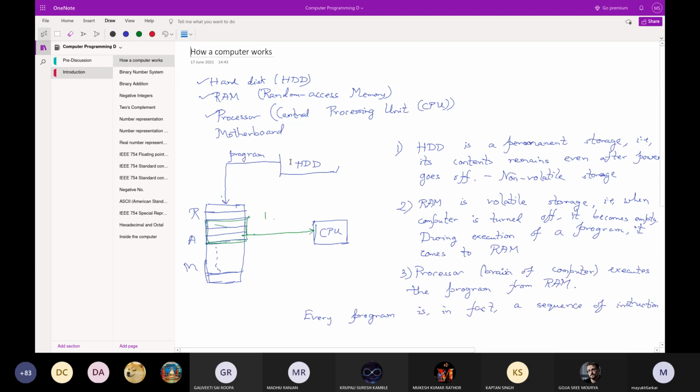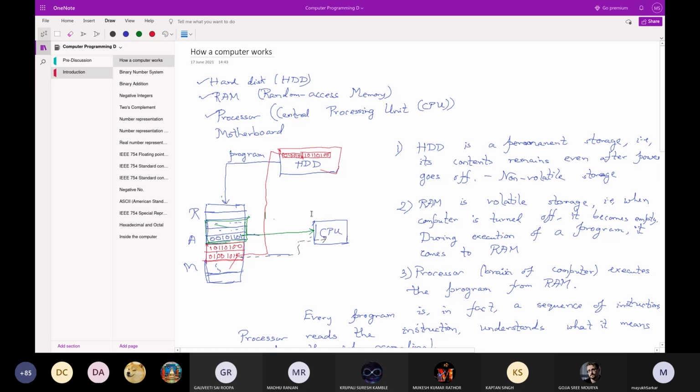And if you can remember, any application stays on the hard disk. When you execute it, it comes to RAM, and then the CPU takes each instruction. In fact, every application is a sequence of instructions.